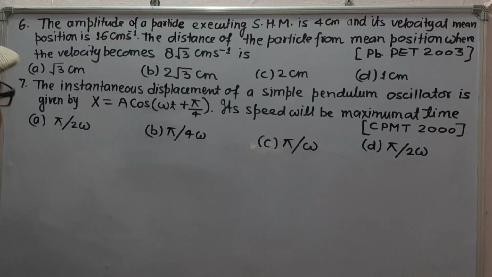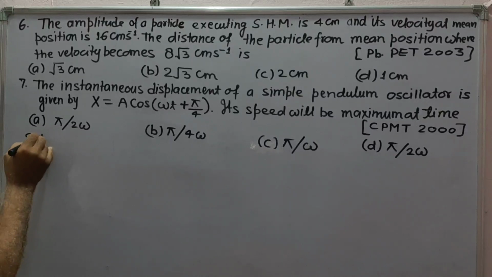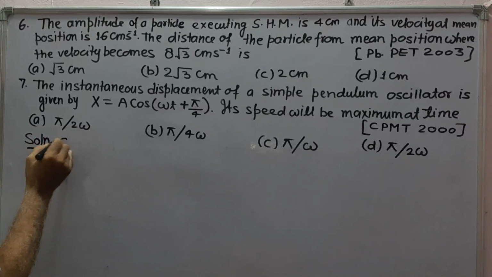Next question number 6. The question is, the amplitude of a particle executing simple harmonic motion is 4 cm and its velocity at mean position is 16 meter per second. The distance of the particle from the mean position where the velocity becomes 8 root 3 cm per second is. Now solution to question 6.